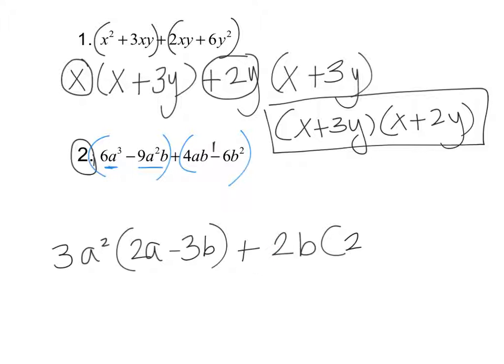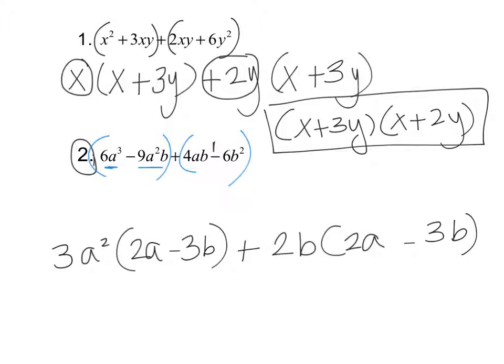I didn't touch the a, so copy it. I factored out the b, so the b is gone. So check, 2b times 2a is 4ab. Copy down the minus. 6 divided by 2, that's a 3. I have a b squared, and I factor 1b out, so that's a b left.